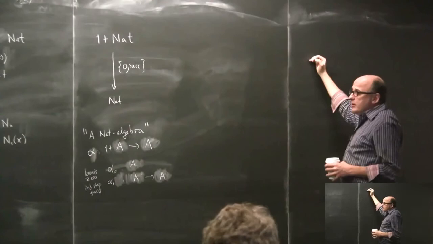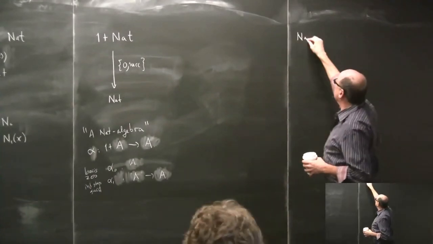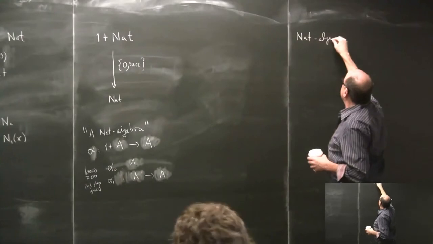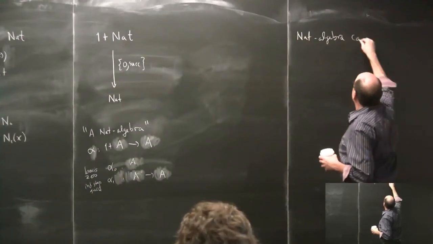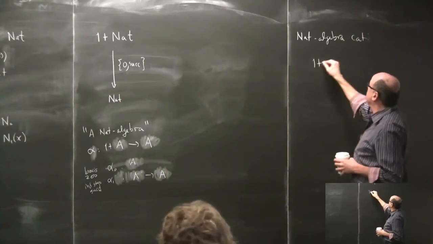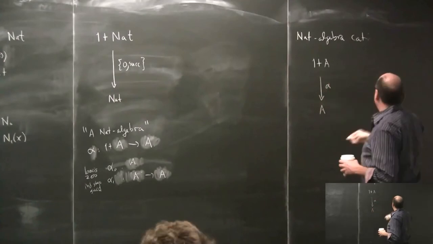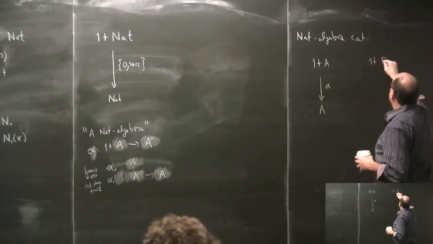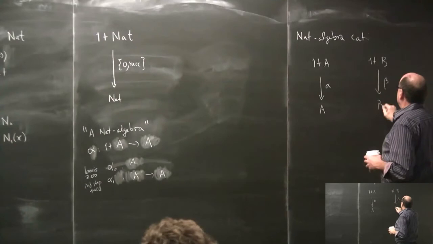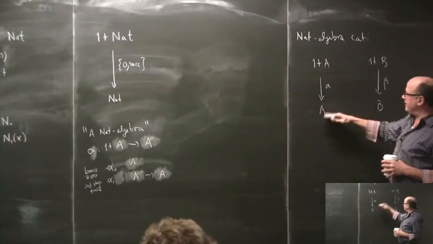Now there's a notion of a morphism of a nat algebra because there's a category of nat algebras. So the nat algebra category is given by the following idea. If I have two nat algebras, A and B, what is a mapping between nat algebras? This is a thing, that's a thing.